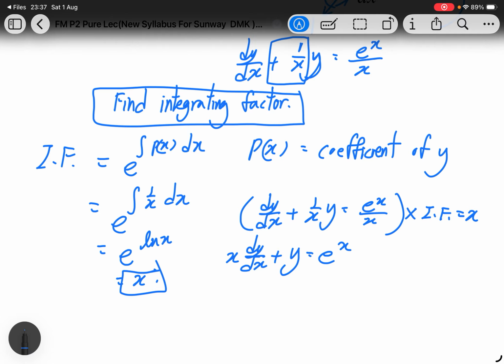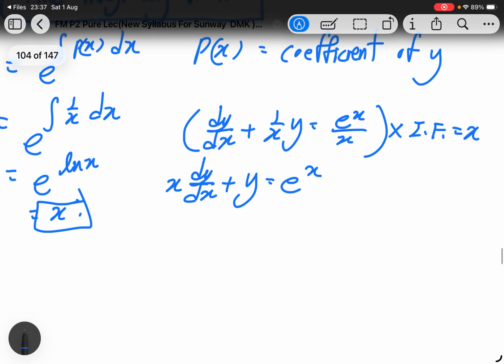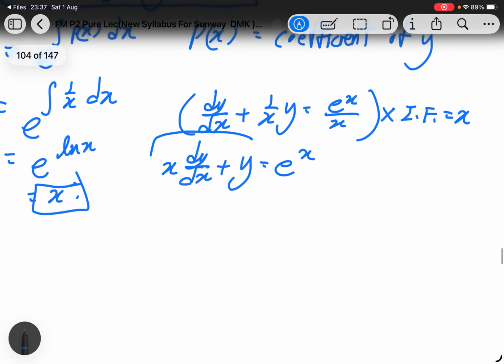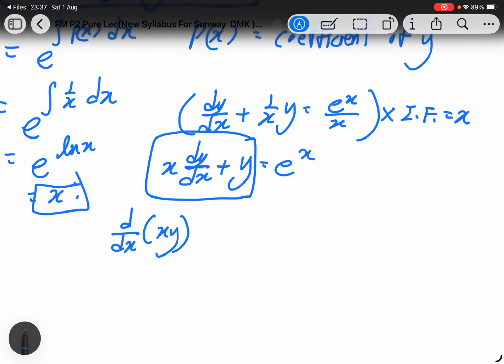Now this is the interesting thing. When we multiply the whole thing with the integrating factor, focus on this part. This part is actually d/dx of xy. When you differentiate xy, you get this whole thing, equals e^x.